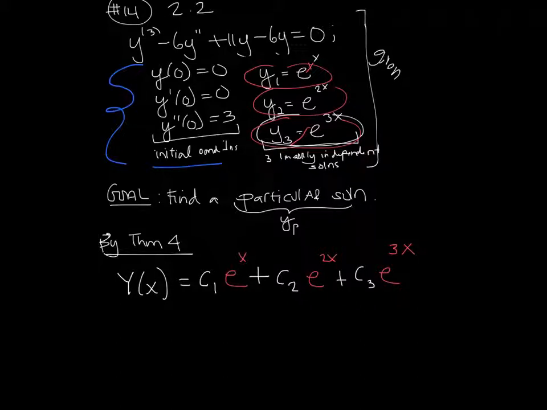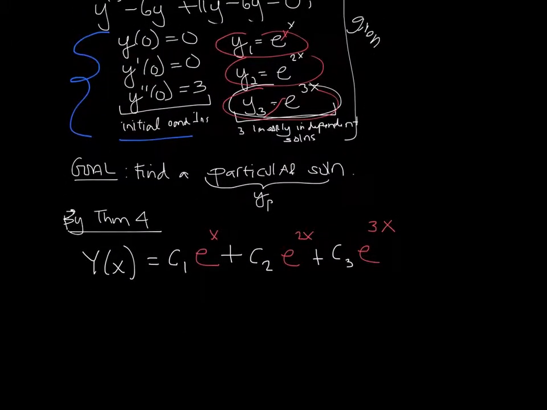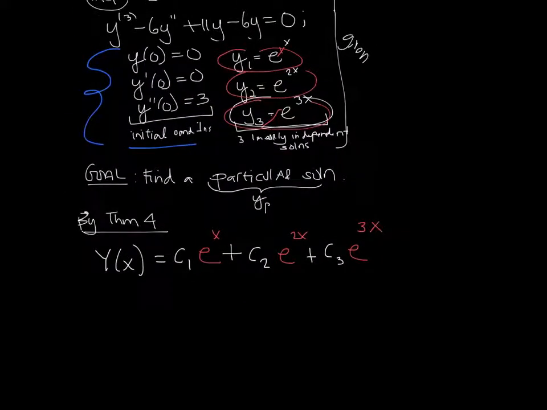So let's begin our successive differentiation. We can just call this y. So y prime of x, taking the derivative, is pretty easy because it's just a nice exponential function.